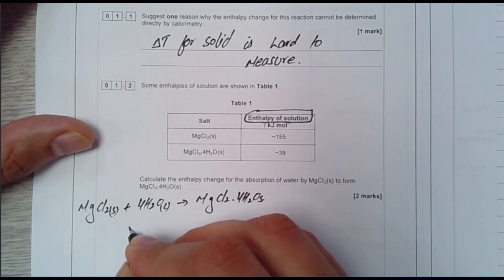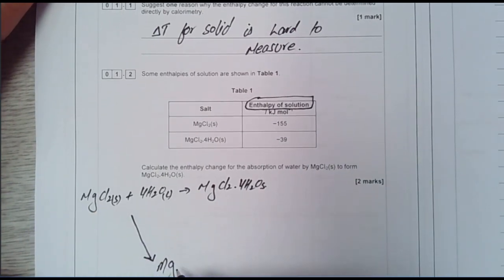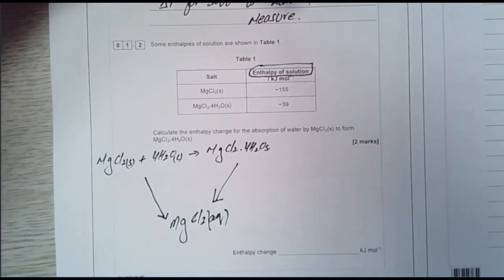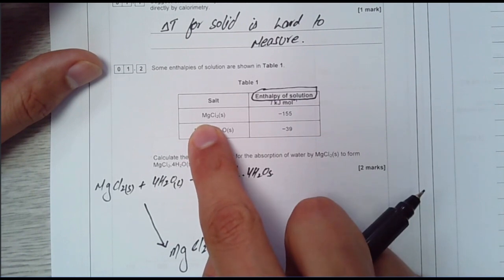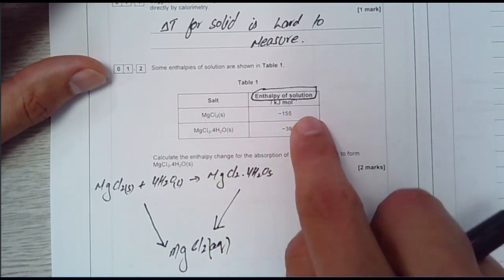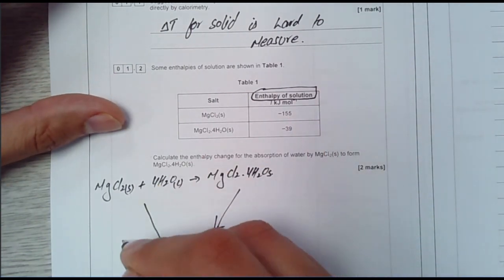So I can say, if I add it into water, it will change into MgCl2 aqueous, and this will also change into MgCl2 aqueous. Now if I look at this table, they've given us some values. I can change MgCl2 into MgCl2 aqueous, and it will release minus 155 kilojoules of energy.